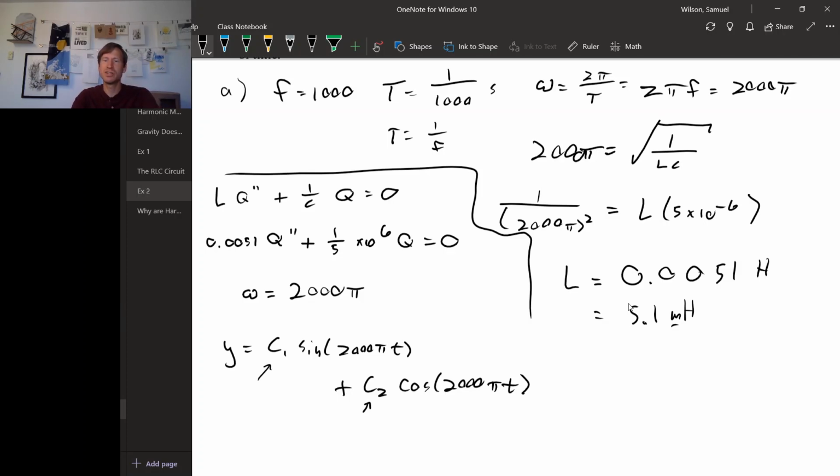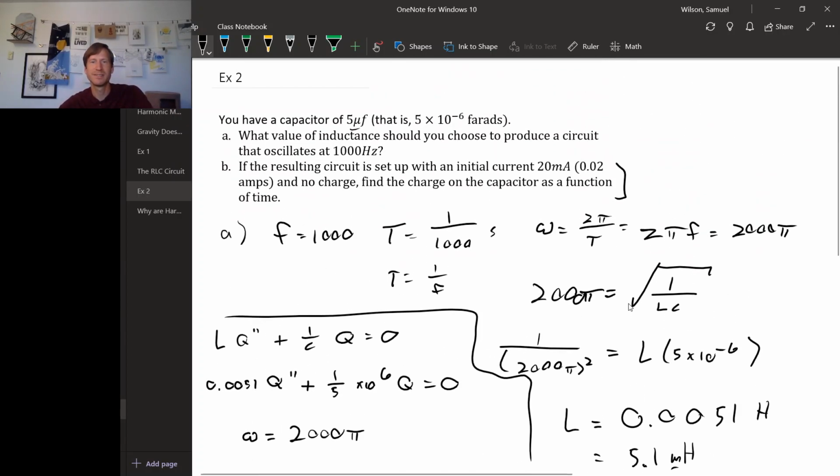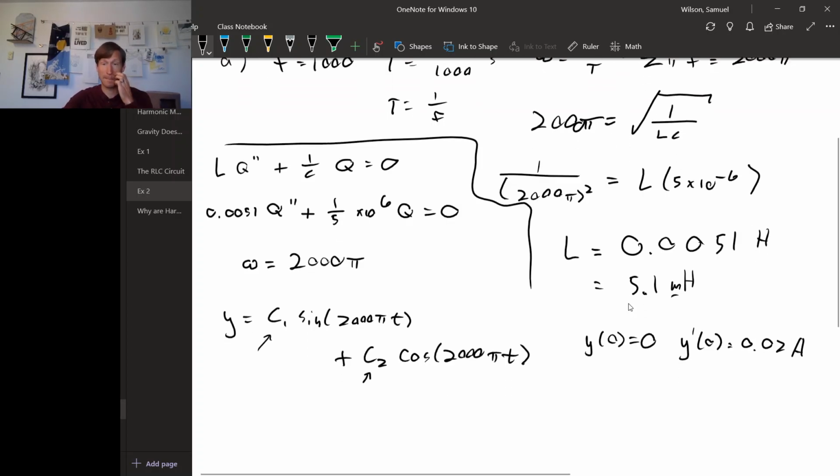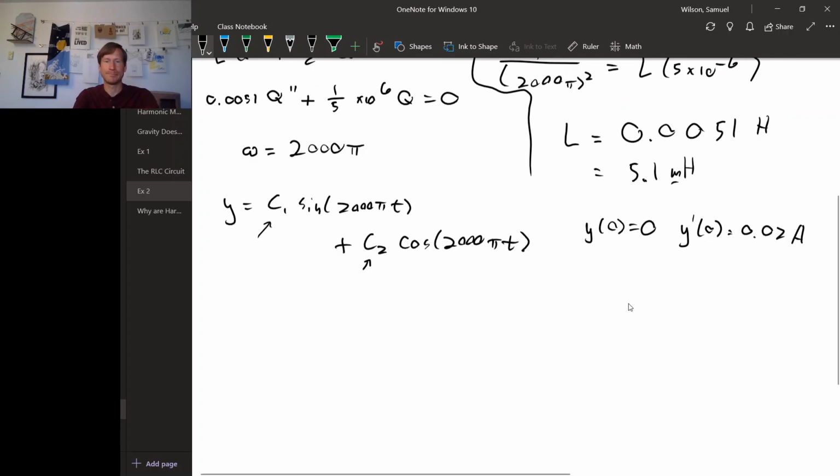And remember, our initial condition was that initially there's no charge and the current was, what was it? 20 milliamps. So that's 0.02 amps. So 0 is y of 0, but if we plug 0 in for t, the sine part goes away, the cosine part turns into 1, and we just get c2.